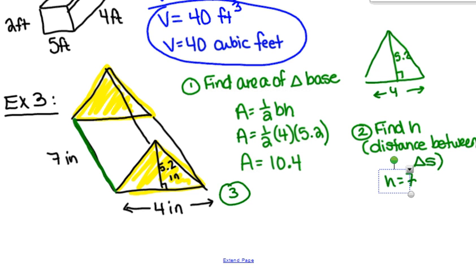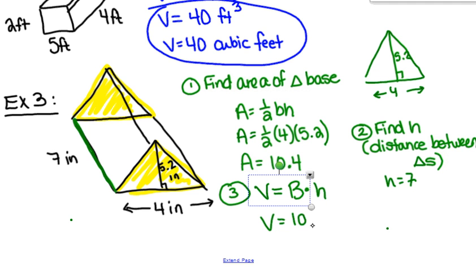And now the last thing that I want to do is substitute into that formula. So the formula says to multiply capital B, the area of the triangular base, times h, the height of the prism. Or in other words, in this particular case, 10.4 times 7.